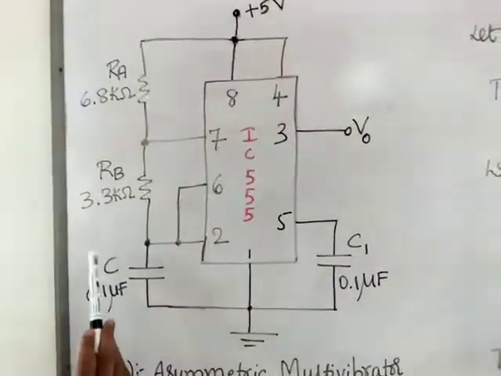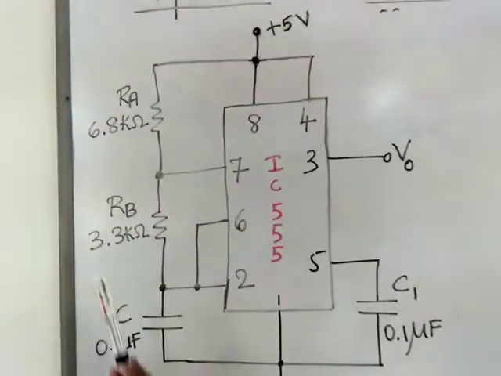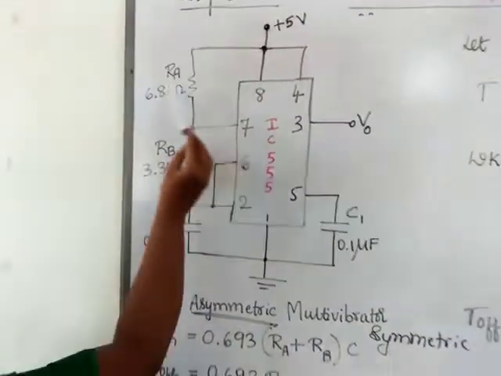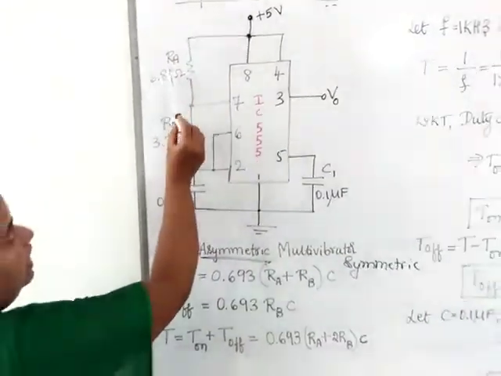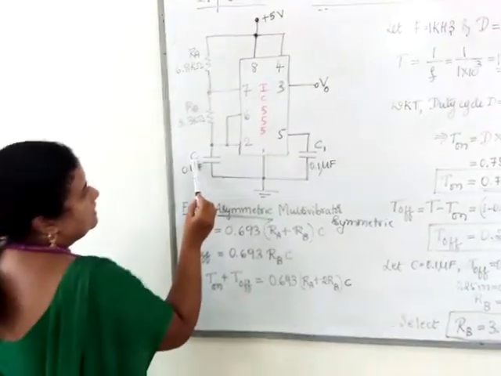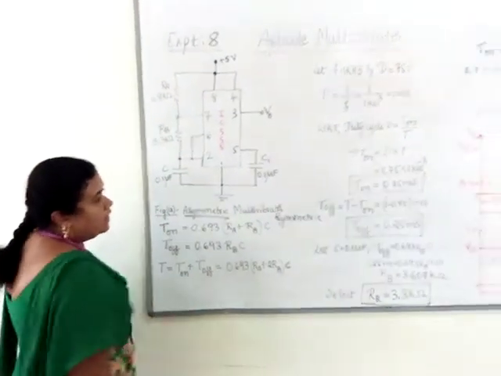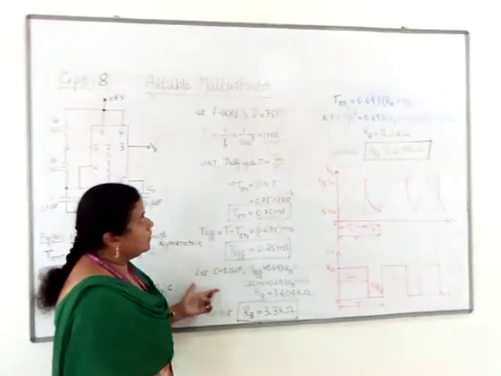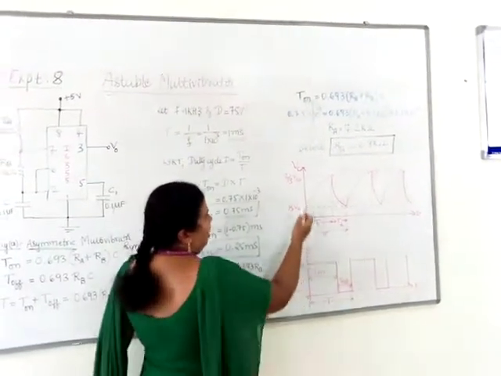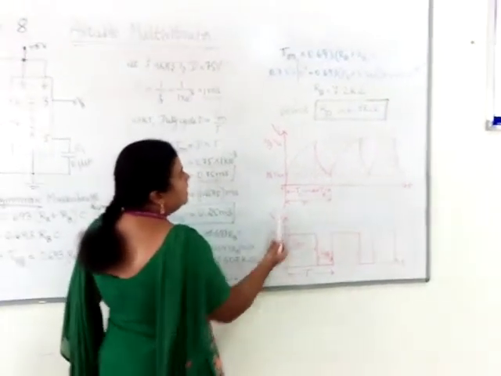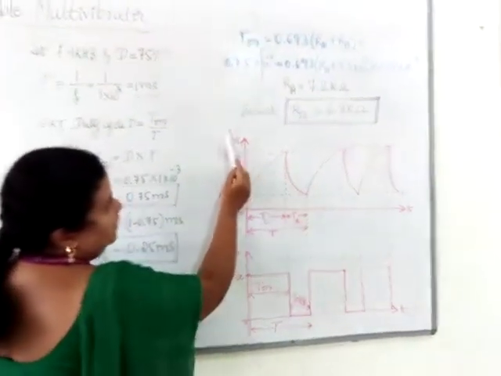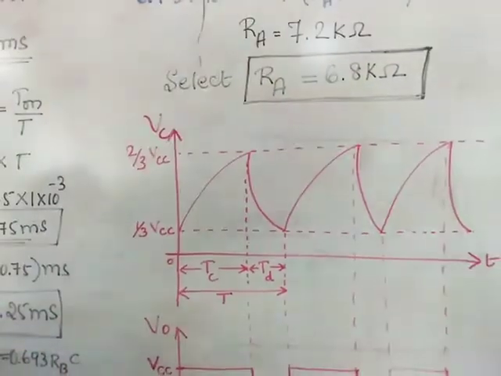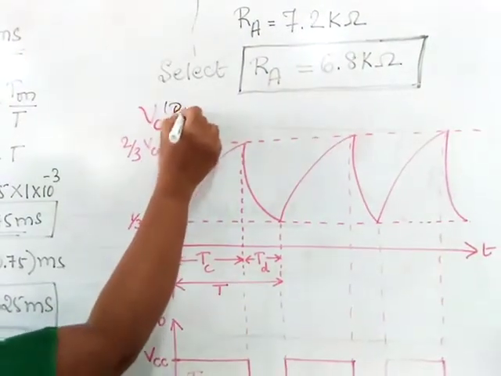See, the time delay of the output waveform depends on the values of these three components. Depending on RA, RB and C, we can design our required readings. Now let us see the waveforms. This is VC, the capacitor voltage. This is measured at pin number 2.